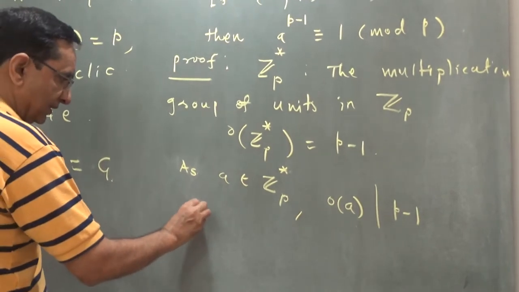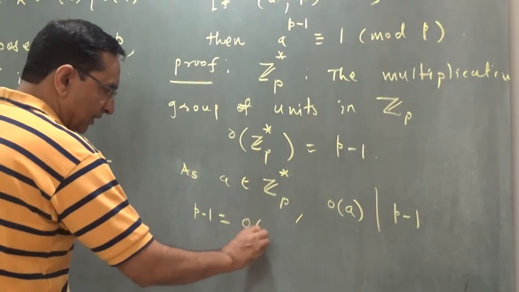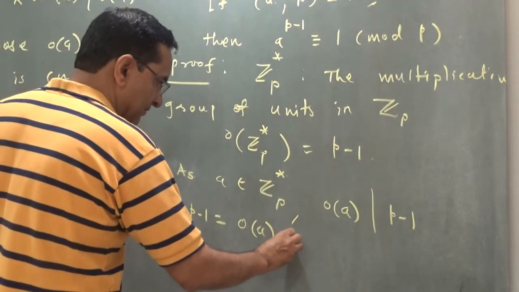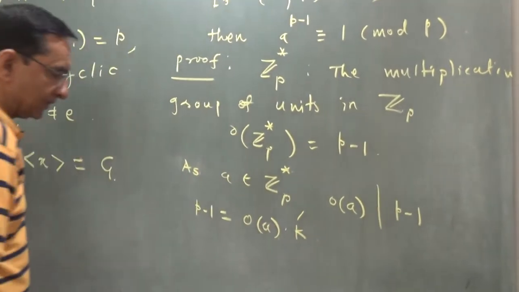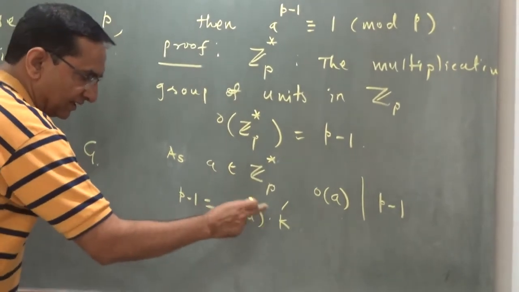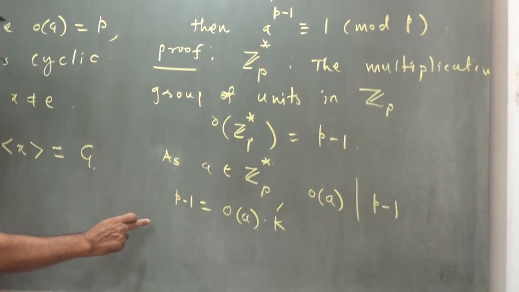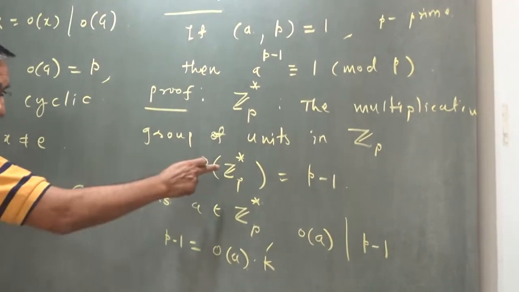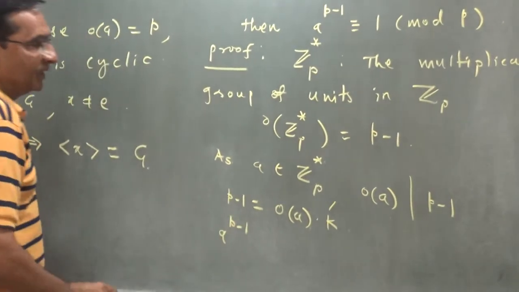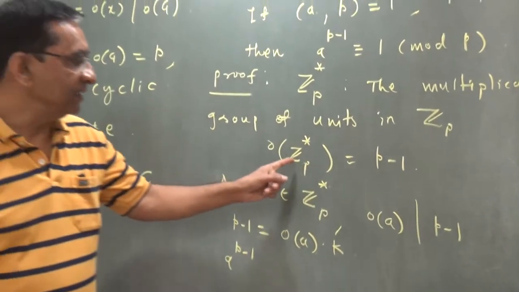So P minus 1 must be a multiple of the order of A, say order of A times K. Now the order of A means A raised to that is identity. So A raised to P minus 1 must be the identity element in Zp star.